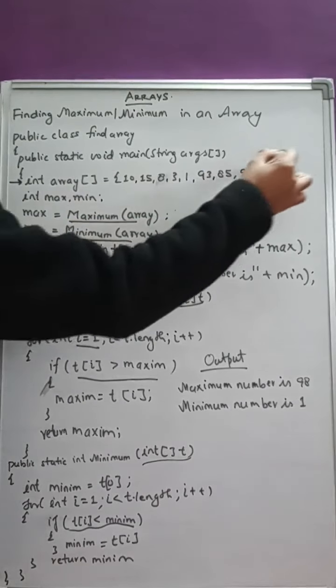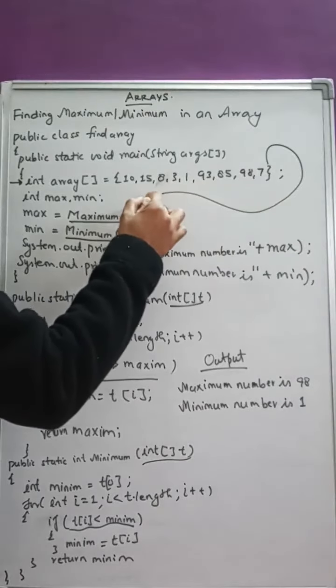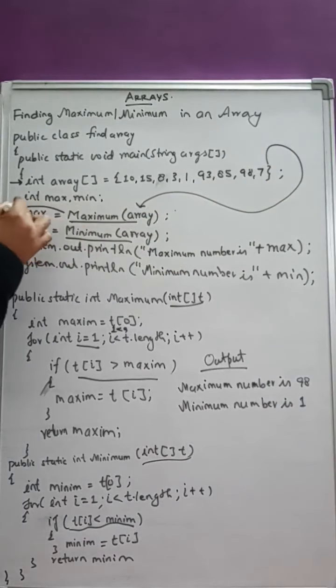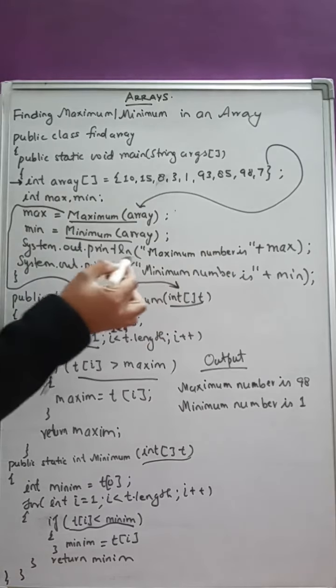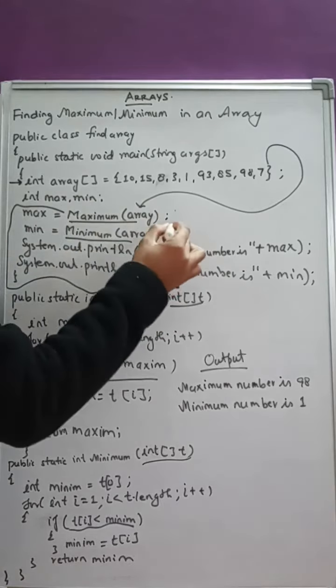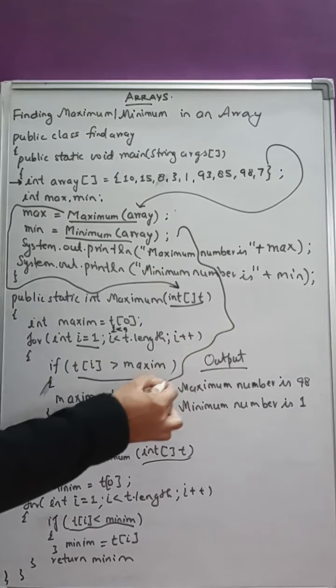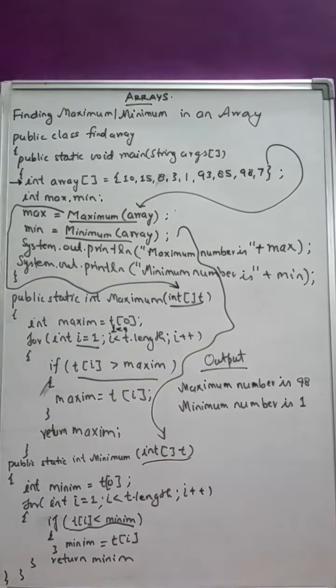So we have just stored these numbers in this array, and from here it will be calling the maximum function over here. In this it will be passed on, and in case of minimum, it will be directly passed to the minimum function over here.